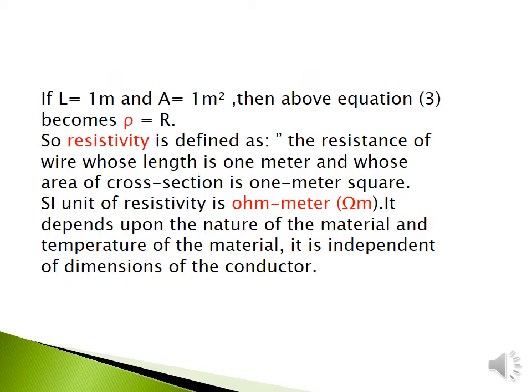If L is equal to 1 meter, where L means the length of the wire is 1 meter, and the area of cross section is 1 meter square, then equation 3, that is the rho equation, gives rho equal to R. So resistivity is defined as the resistance of a wire whose length is 1 meter and whose area of cross section is 1 meter square, and the unit for resistivity is ohm meter. It depends upon the nature of the material and temperature of the material. It is independent of the dimensions of the conductor.